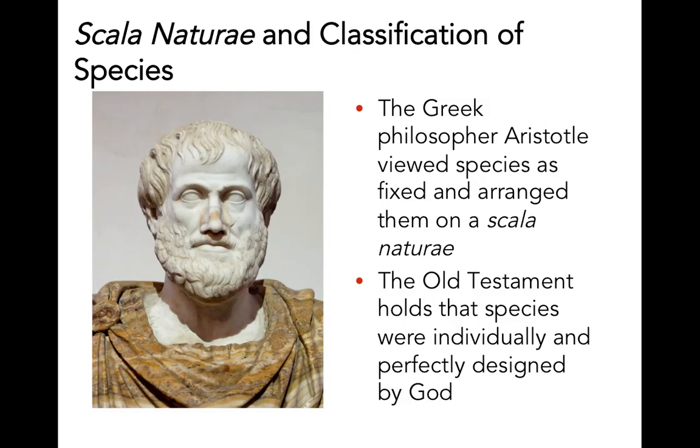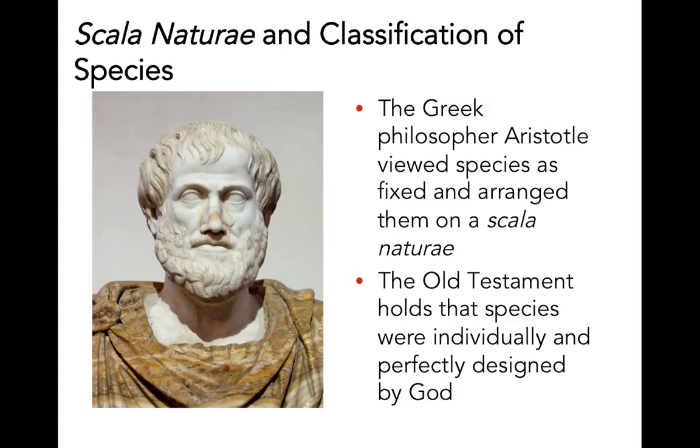He considered that all species were fixed and that they could be arranged within a natural scale, from the most lowly creatures, things like worms and insects, up through reptiles and amphibians and lower mammals and higher mammals, and eventually you get to humans, who would be in the middle of the scale, and then above humans you would have gods and demigods.